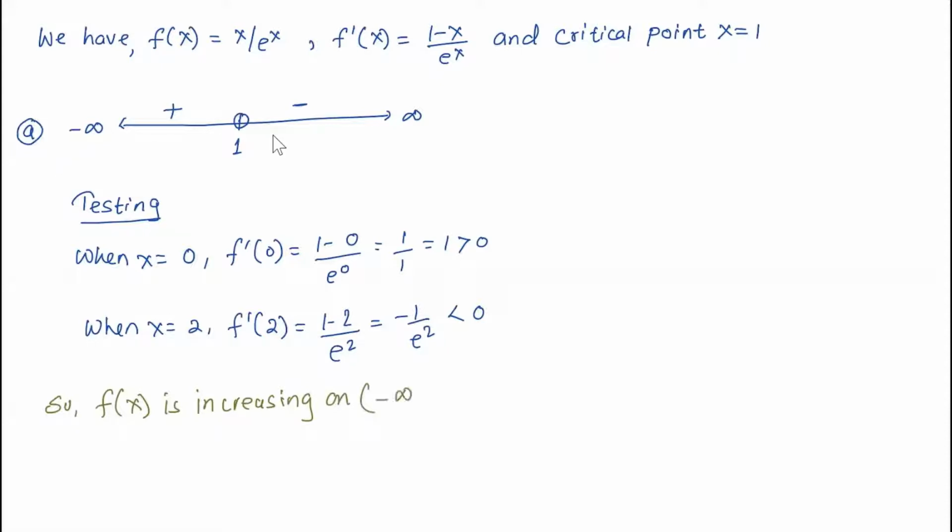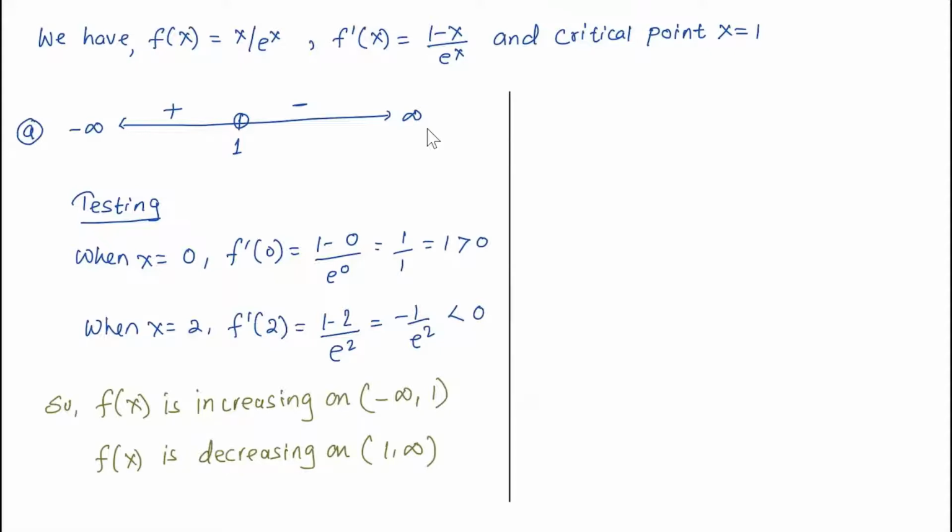And f of x is decreasing on the interval from 1 up to infinity. So that's how we can find the interval where the function is increasing and where it is decreasing. You can always verify your work using your graphing calculator or by sketching the graph of the function.